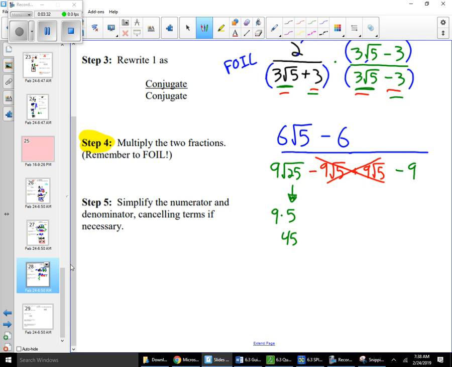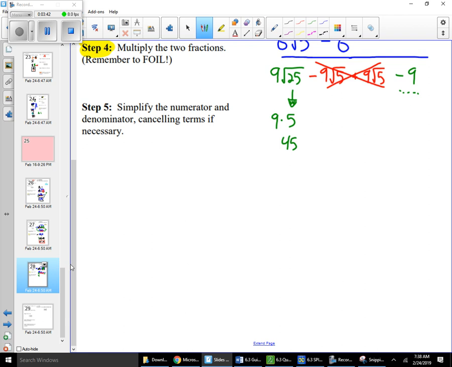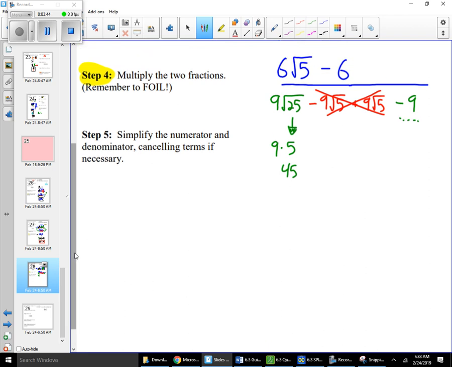So those 2 short steps there for simplifying. 45 and negative 9, those are like terms. 45 minus 9. Go ahead and extend the page here. So we're going to have that 6 root 5 minus 6 in the numerator, 45 minus 9, which is 36 in the denominator, and that takes care of our step 4, that multiplication part.